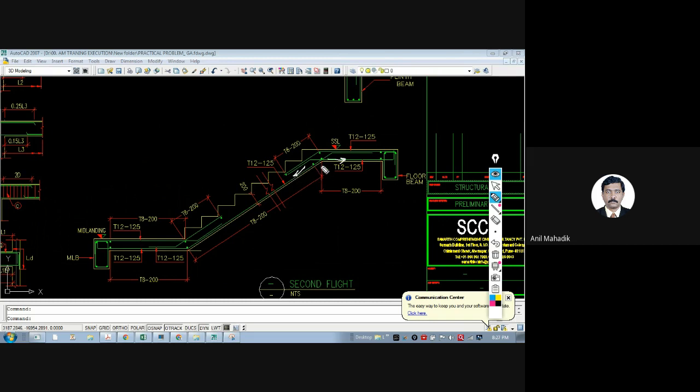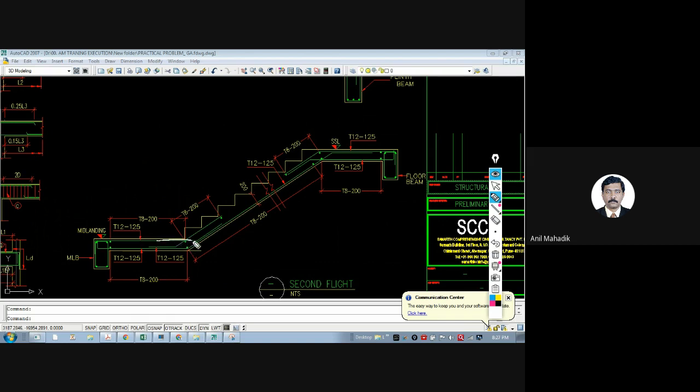This will try to open up, and there will be a crack, and to avoid this crack we cross the reinforcement like this. This is a critical detailing in staircases.